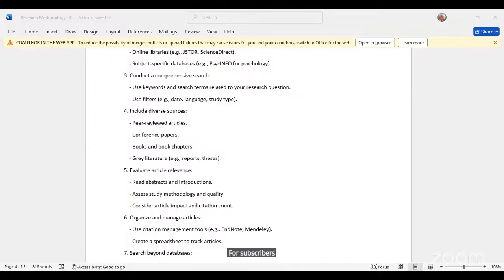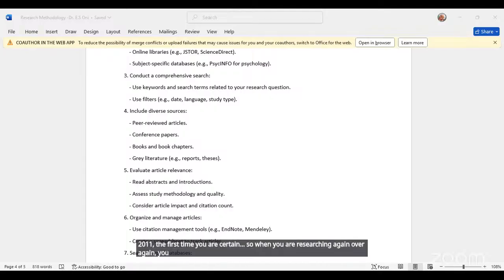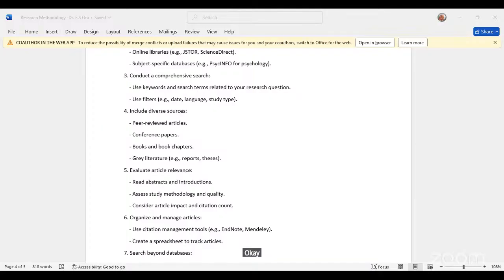What it means is that if you are citing these three authors in your in-text citation the first time, maybe on page 1, you cite the three authors, Okage, Murau, and Benson, 2011. When you are citing it again and again, you don't need to write all the names. You write Okage et al., 2011.